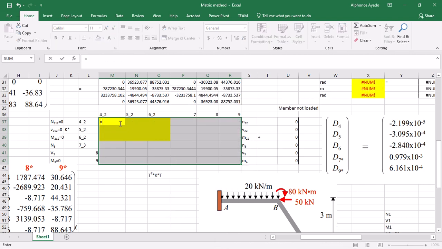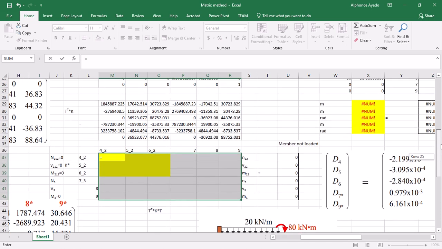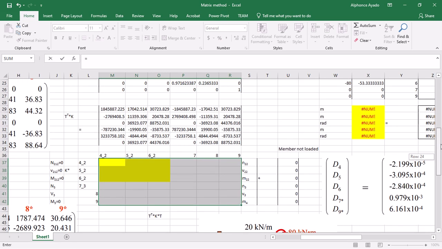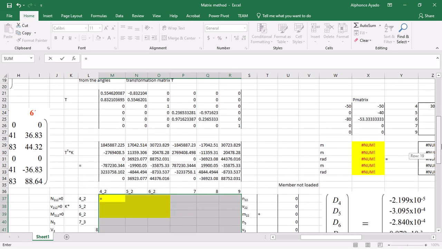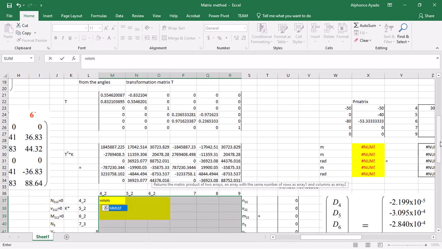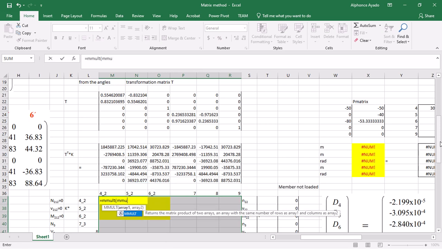Equals, instead of doing so many things, we can actually multiply three matrices together, but use some trick because MMULT can only multiply two arrays. So please pay attention. So MMULT, MMULT.